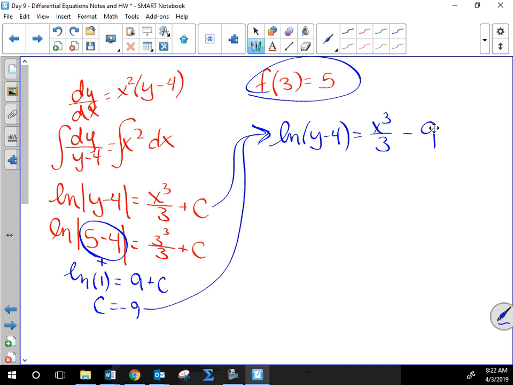So let's say that we had, let's say that was 2. Take 2 and put it in. We get a negative here, right? So then when I go to do this, I can't drop my absolute value bars yet.